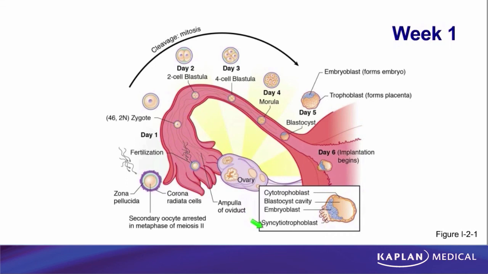So it forms a syncytium, a multinucleated cell. So those fused cells are now forming the syncytiotrophoblast. But remember that syncytiotrophoblasts do not divide. There is no mitotic activity any longer. So syncytiotrophoblastic cells are not able to divide.